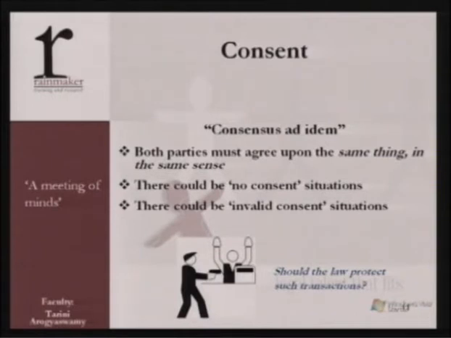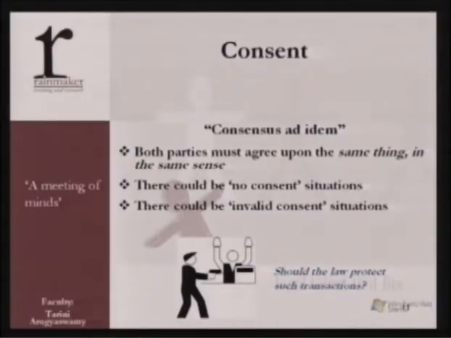Now, there are two situations that could happen in regards to consent. The first one is where there is no consent at all. Either the two parties agree to two different things, or they may agree to the same thing but in two different senses.